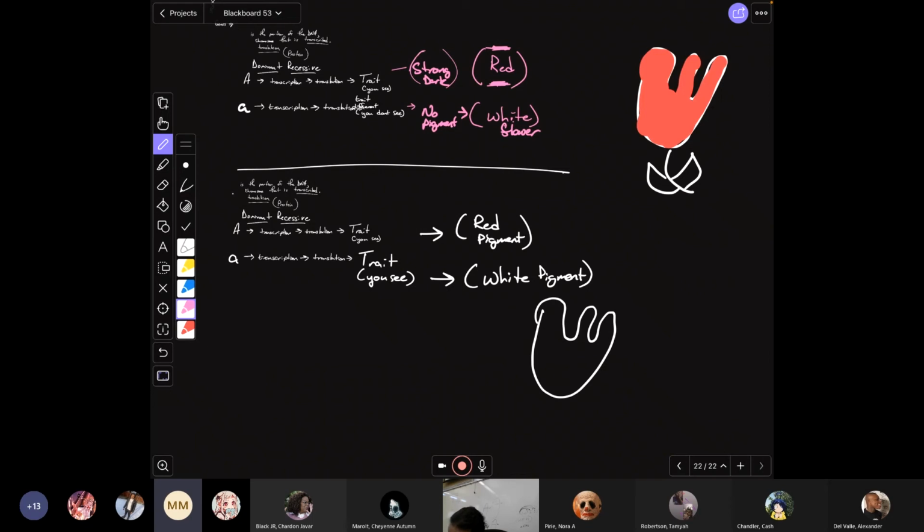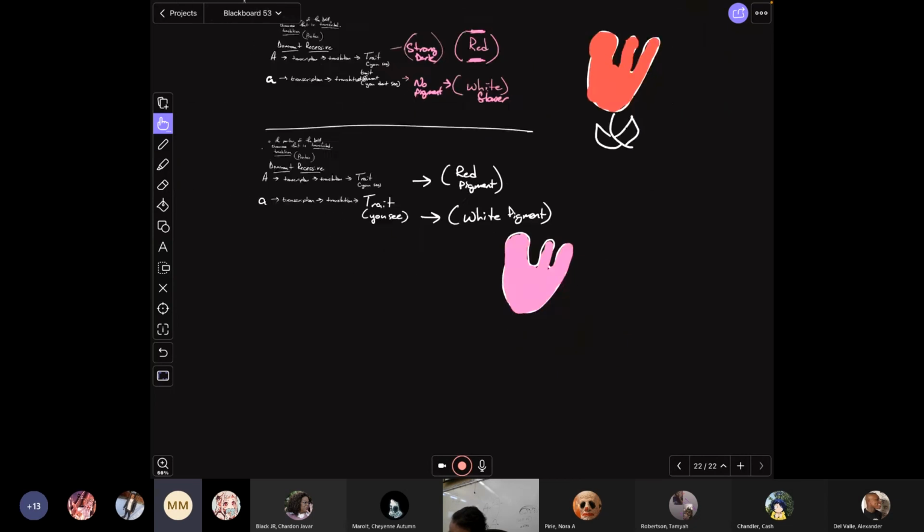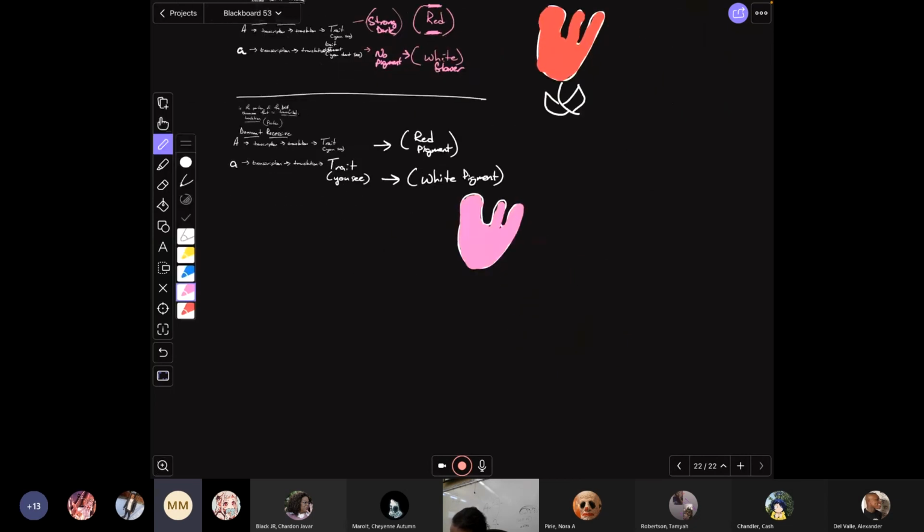Now, instead of one gene not working, you're dealing with the possibility of the two genes, the red and white, mixing together to form pink. So that's one option. This is called blending. Now, in this case, the genes are not dominant or recessive. They're both kind of showing up and mixing together.